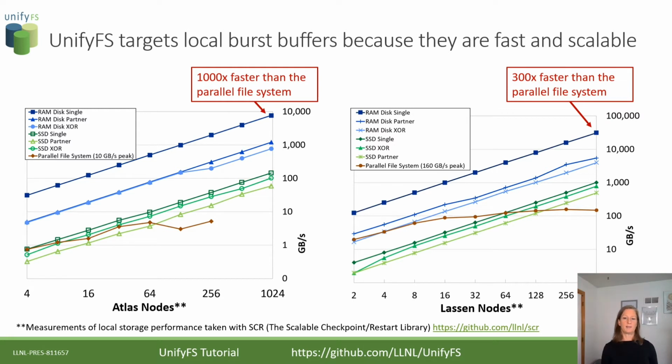On the other hand, if you look at the node local storage I/O operations, they scale as you add compute nodes in the job and perform very well. On Atlas, we measured them performing as much as 1,000 times faster than the parallel file system, and on Lassen as much as 300 times faster.